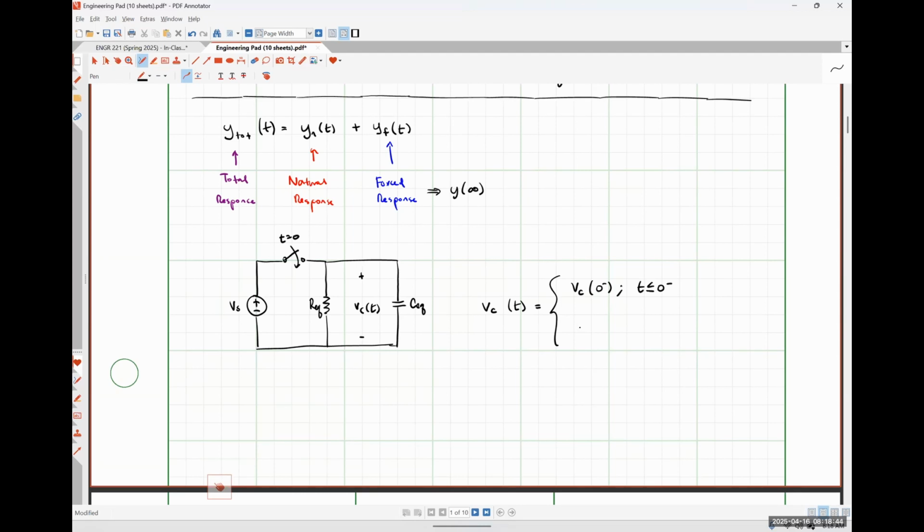And then just using this simple mathematical function, we would have our capacitor voltage at 0 plus e to the minus t divided by tau, where I'm putting that REQ times CEQ and expressing it as my time constant, plus VC at infinity for t greater than or equal to 0 plus. But there is a little problem here. Can anybody tell me what that is?